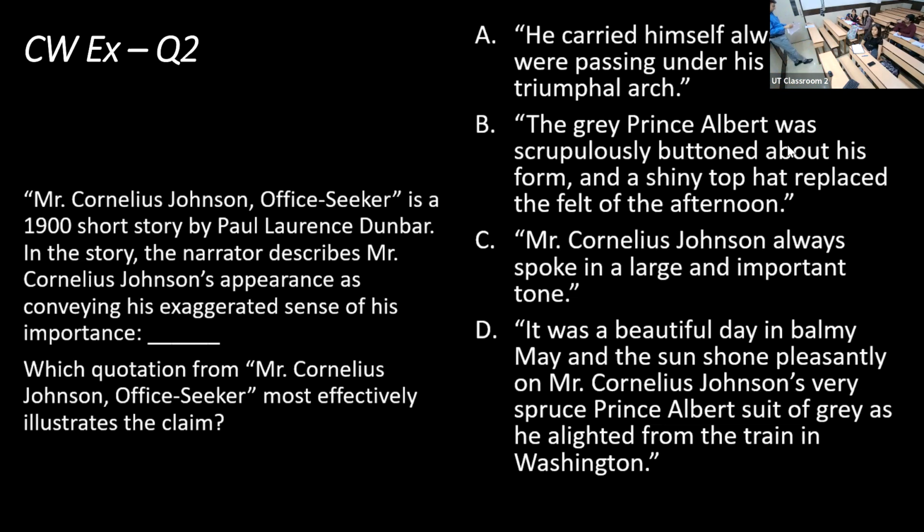It's just a story of how things are happening, about the surroundings. Yes, very good. This is talking about the surroundings and the environment. This is not talking about who CJ is as a person. Balmy means, we build vocabulary along the way, soothing, pleasant. So it's very pleasant weather, and he alighted there, and this is about the environment. So B and D cannot be answers.